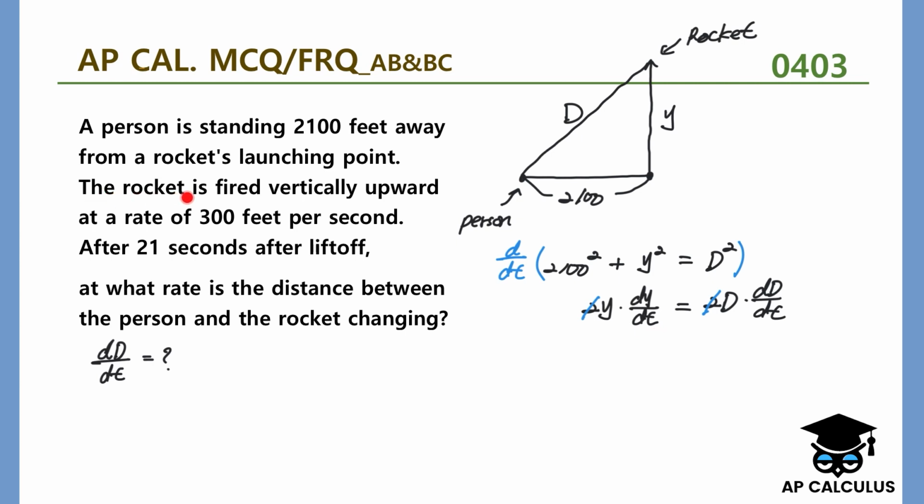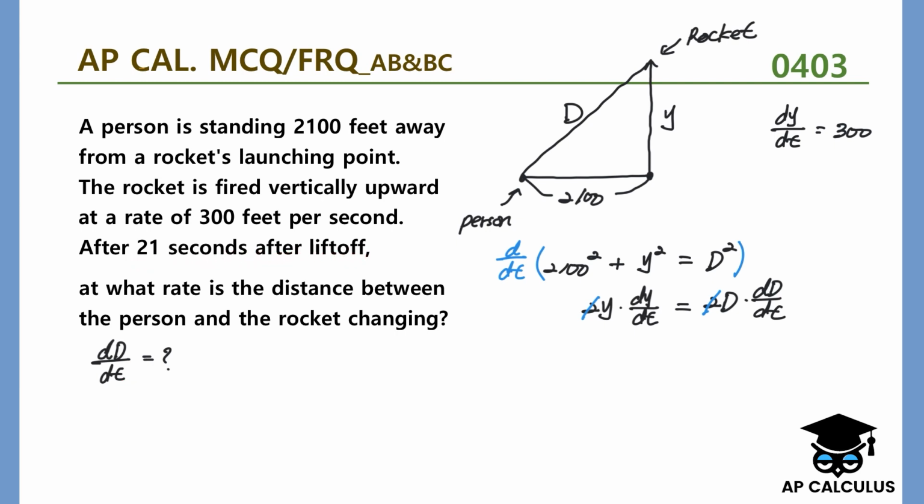Okay, what is dy over dt? The rocket is fired vertically upwards at a rate of 300 feet per second. That's the rate. So it is given that dy over dt is equal to 300. And we are looking for this value after 21 seconds after liftoff.